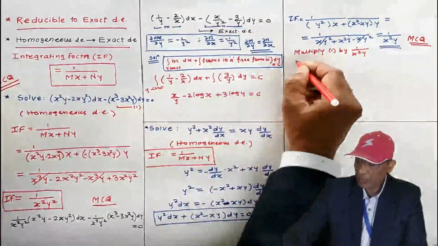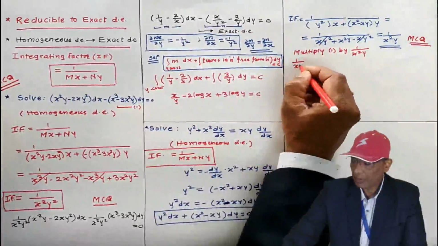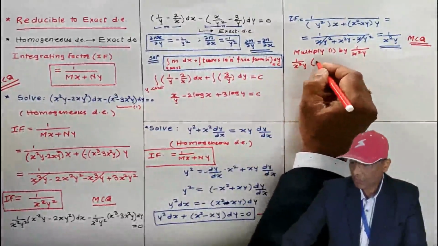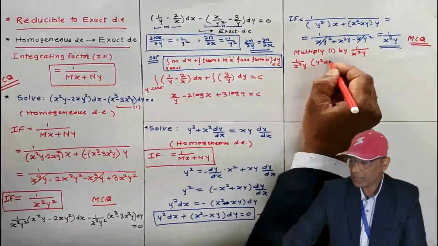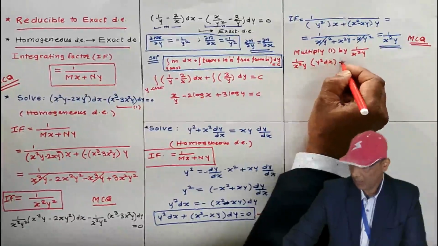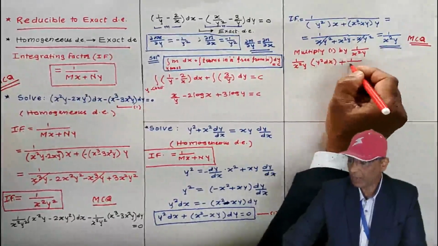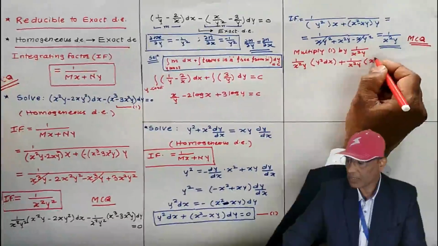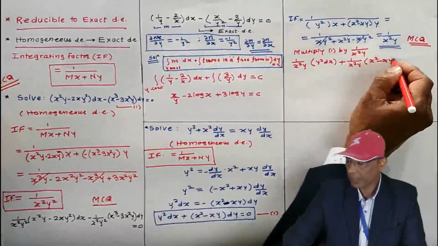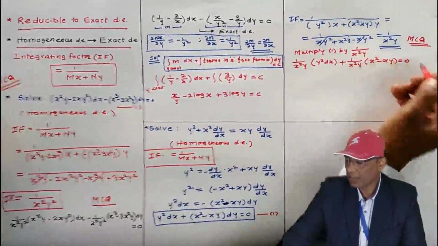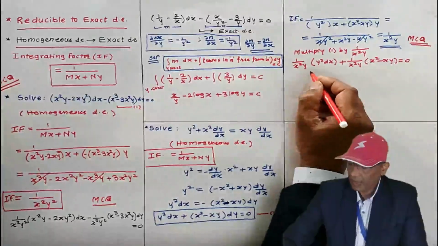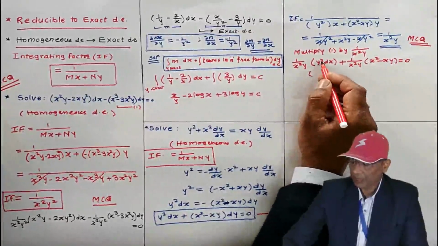If you multiply this by the integrating factor, what will happen? This is the integrating factor, y square dx, and here I am multiplying by the integrating factor. The second term x square minus xy, and 0 multiplied by the integrating factor is 0. Then try to simplify.